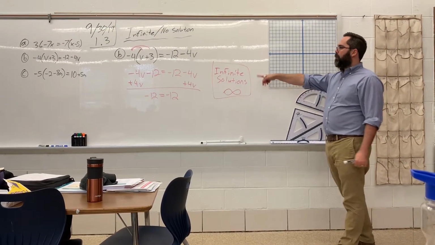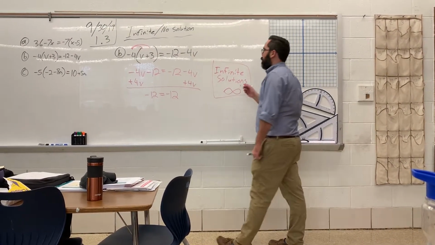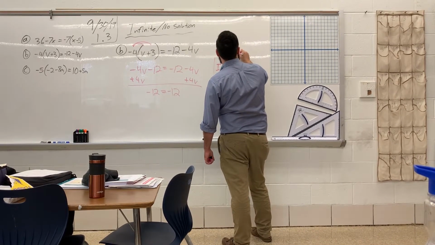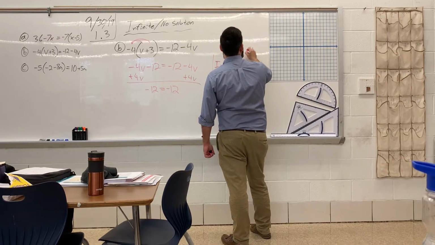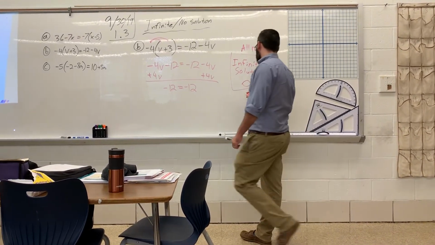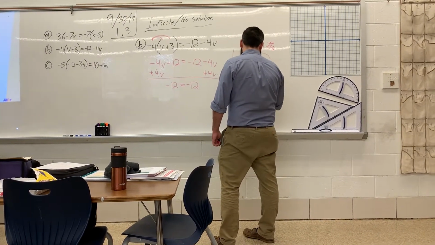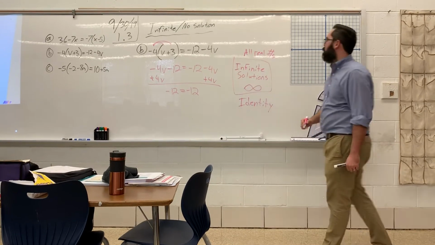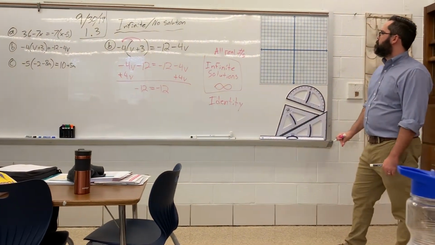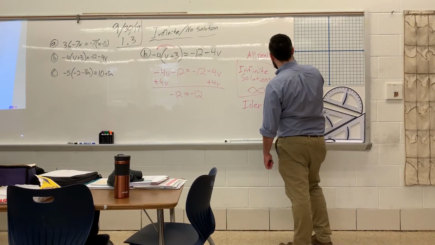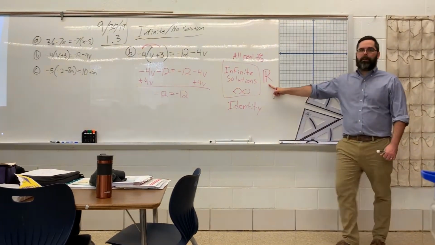There's another way you can write infinite solutions. You can write all real numbers. You can also write identity. You can also write this symbol, which means all real numbers.